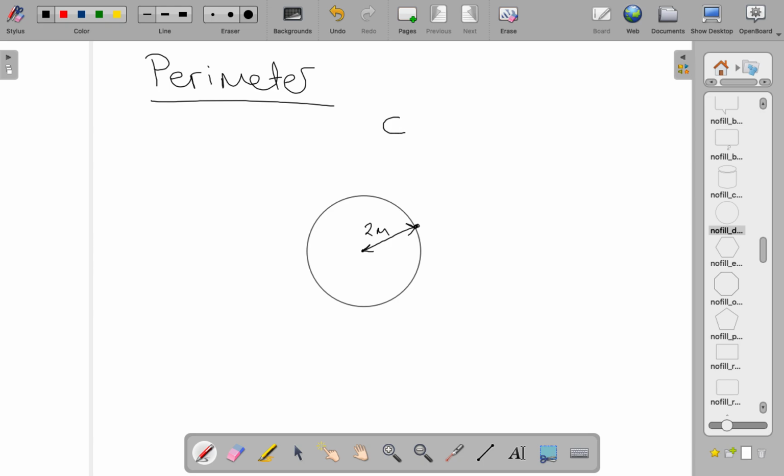Circumference is equal to 2 times pi times the radius. That's the formula for the circumference of a circle, 2 pi r. If we want to work out the perimeter or the circumference of a circle, we just use this equation.